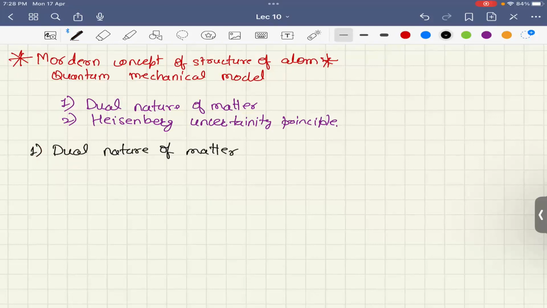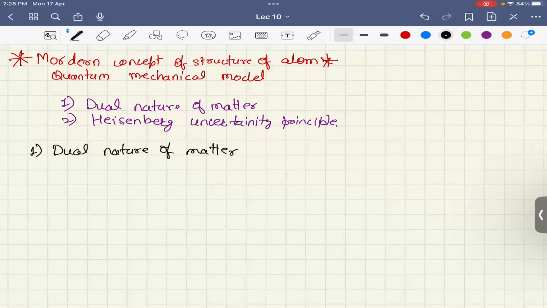Dual nature of matter. Einstein had suggested that light can behave not only as a wave but also like a particle, in his dual character. In 1924, de Broglie suggested that just as light exhibits wave and particle properties, all microscopic material particles such as electrons, protons, atoms, and molecules also have dual character.